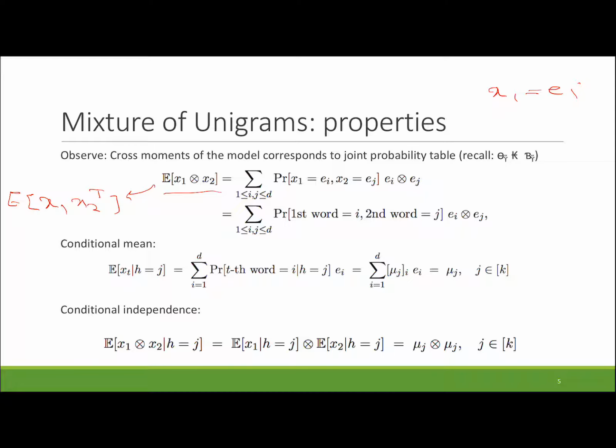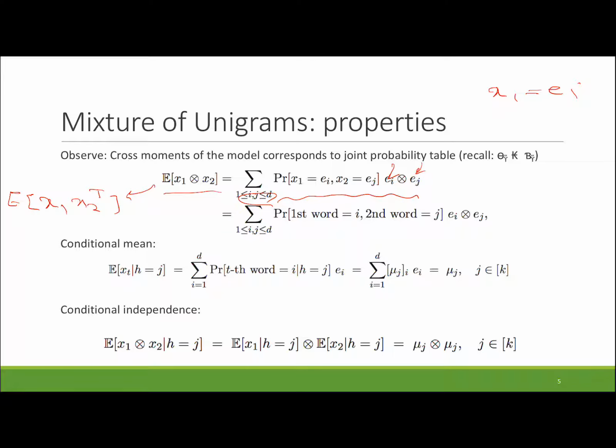And if we expand this expected value, we are going to get this summation, basically, right? So this is x1 cross x2, which is ei ej, and this is the probability of us seeing ei and ej as the first and second words in the document. And this is summed over all the words in the dictionary.